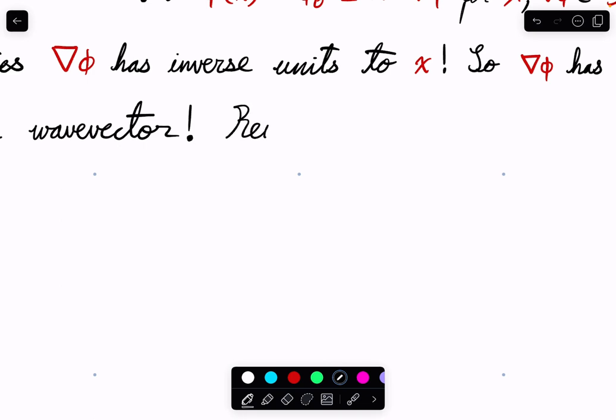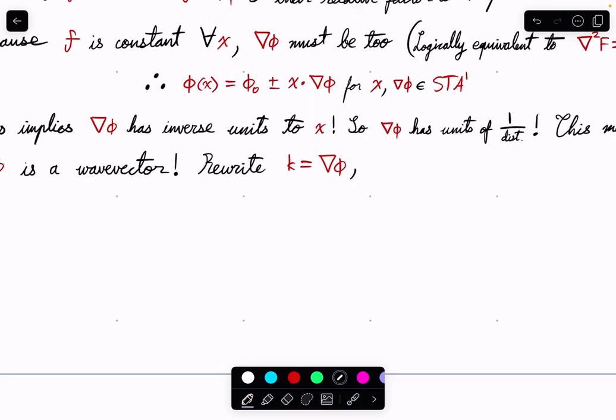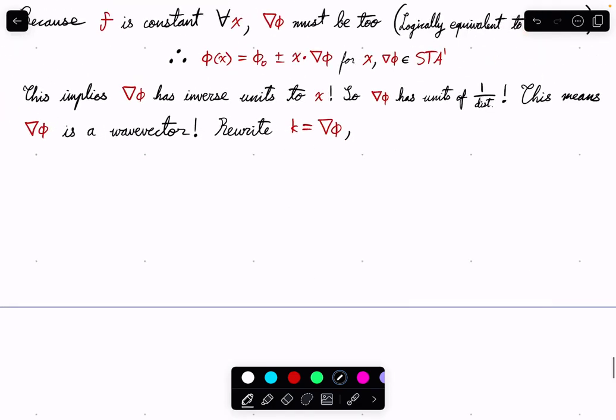So you can rewrite this as k, which is a relativistic wave vector, 4 vector. So you end up with this right here. And this changes the way the equations look.